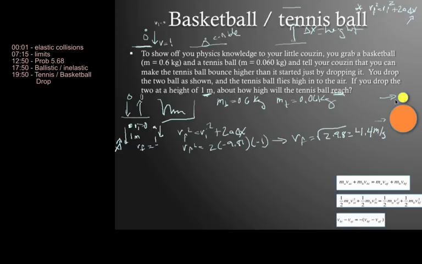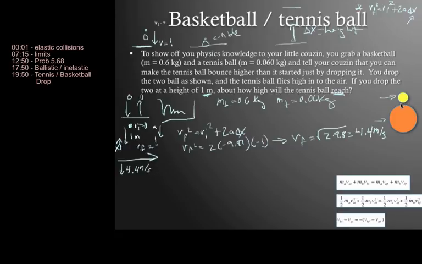Now since you dropped them both from the same height, they're both going to fall 1 meter. So both the tennis ball and the basketball are reaching the bottom at this 4.4 meters per second.